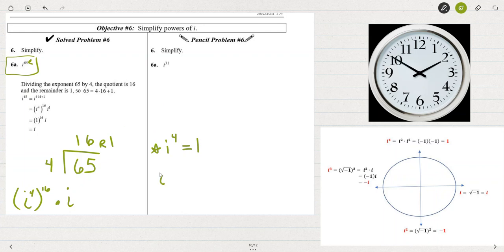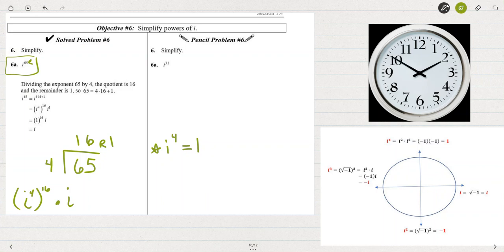Let's look at why. When we had i squared, do you remember that was... I'm sorry, let me back up. i is the square root of negative 1.